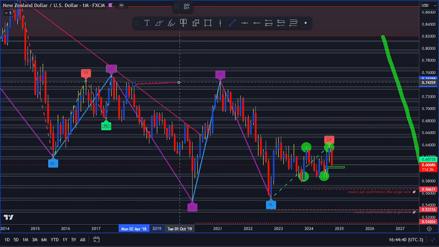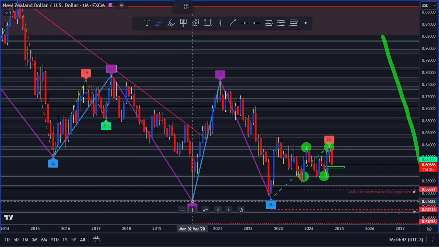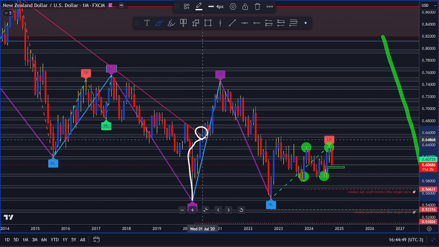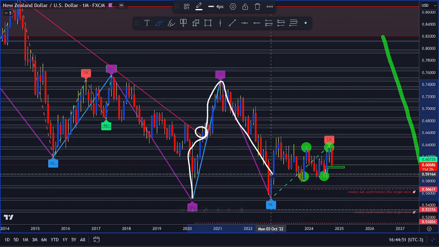This is not even necessary because we already have this one, and we can see how the price at this level, all the way from here, broke that trend line and went up before coming down again.